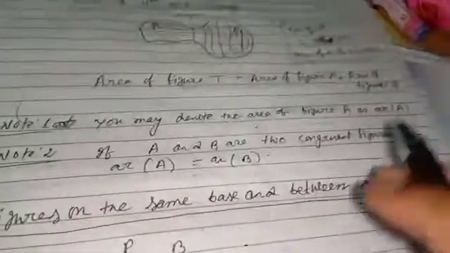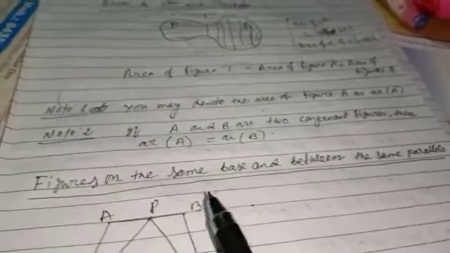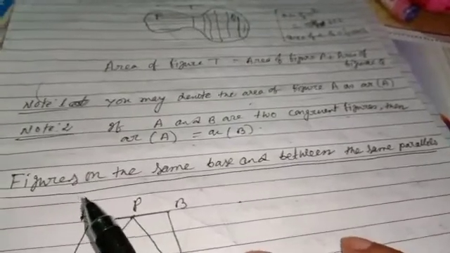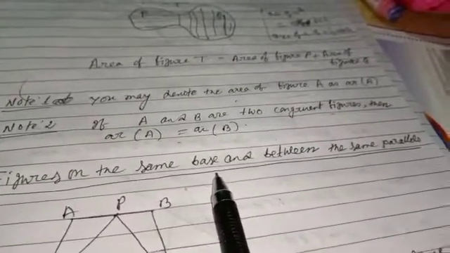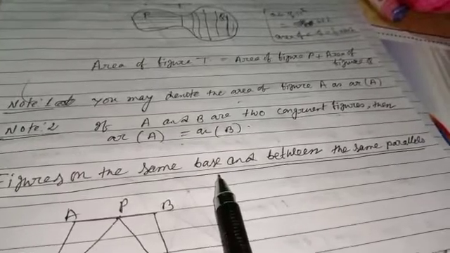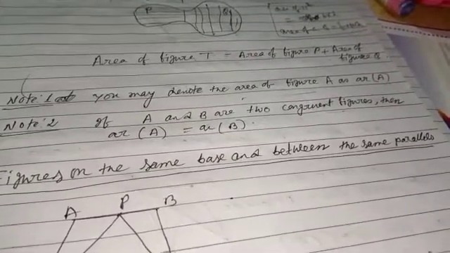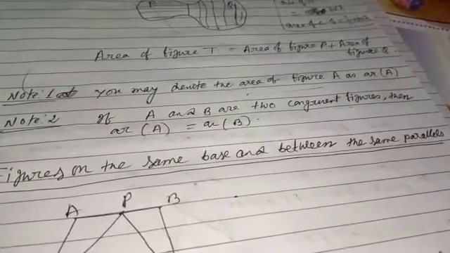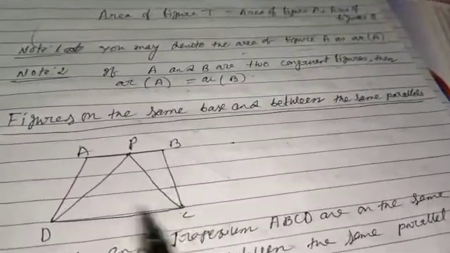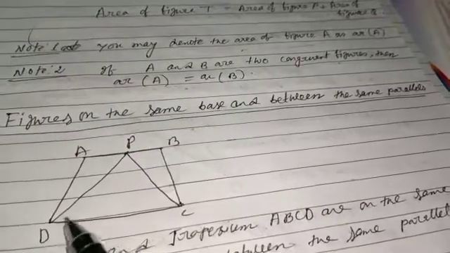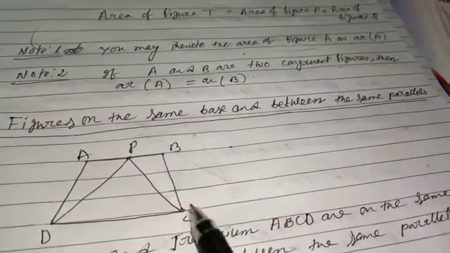Now what is the main thing of this chapter? This is figures on the same base and between the same parallels. Which figures are called same base and between the same parallels? Let's see an example. Suppose ABCD is a trapezium here, and this is a triangle DPC.